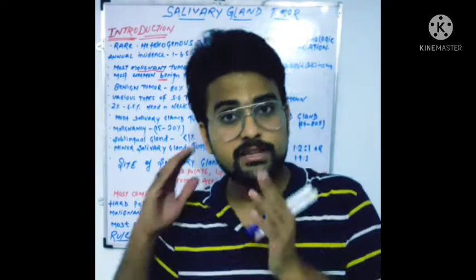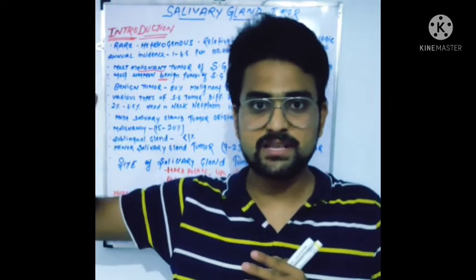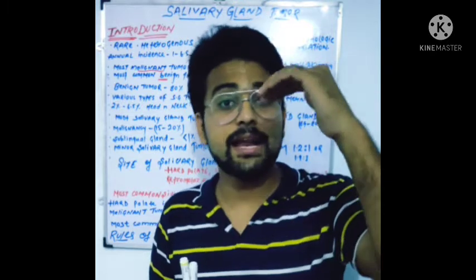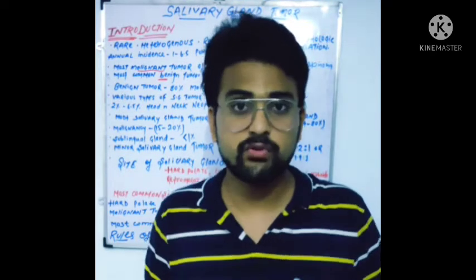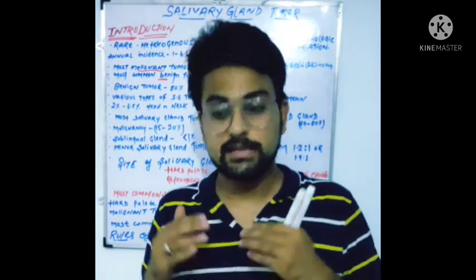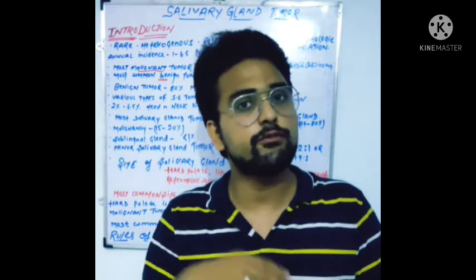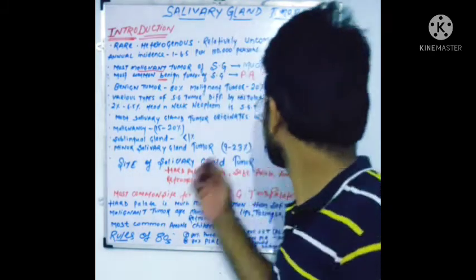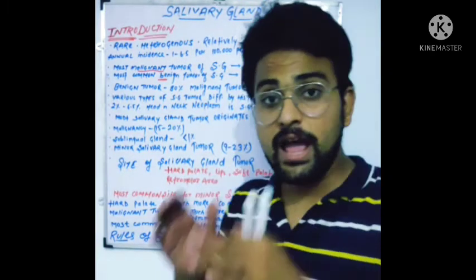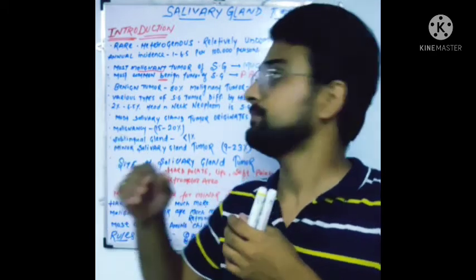Yes, out of the three major glands we have discussed, parotid, sublingual, submandibular, the parotid gland tumors are much more frequent, approximately 64 to 80%. You have to remember all this data because it is asked in the NEET PG.